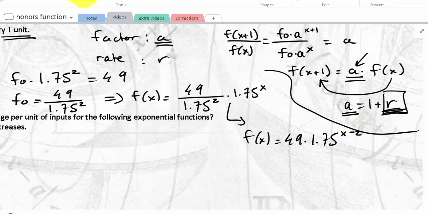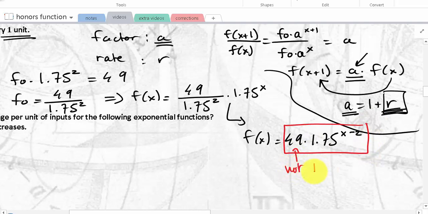That's it. If I'm given a value that is not the initial value, I can always find an expression of my function. I will have to shift my graph to the right. That's a translation 2 units to the right. So it's like if the graph started 2 units to the right, right?